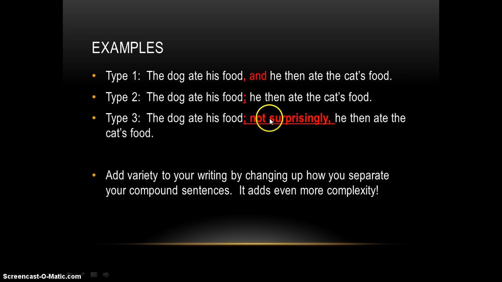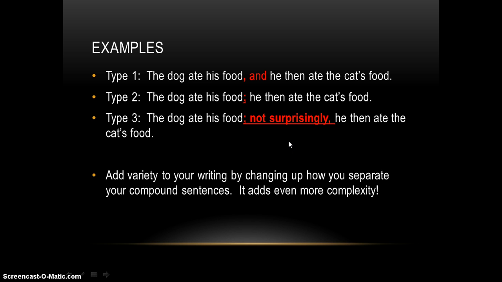It's a conjunctive adverb because it's acting like a conjunction. It's adding the two thoughts together. Really, it's a word that is bringing them together, just like your conjunction. Anyway, the dog ate his food, semicolon, and, not surprisingly, your conjunctive adverb. He then ate the cat's food.